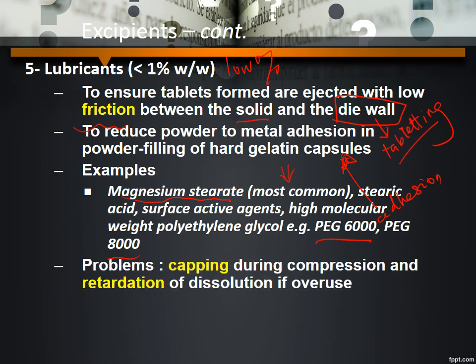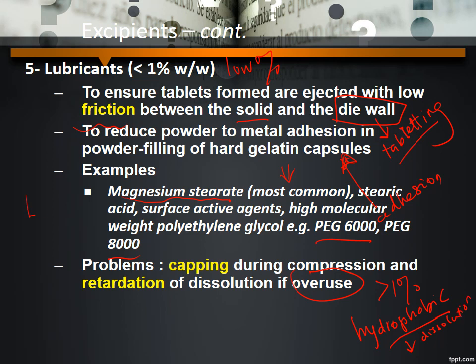However, there are problems with lubricant because they will promote capping during compression and also retardation of dissolution if overused. So you don't add the lubricant more than 1%. Because, for example, magnesium stearate is very hydrophobic, if you overuse it, it will reduce the dissolution.